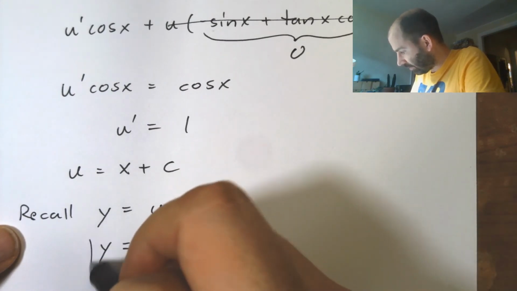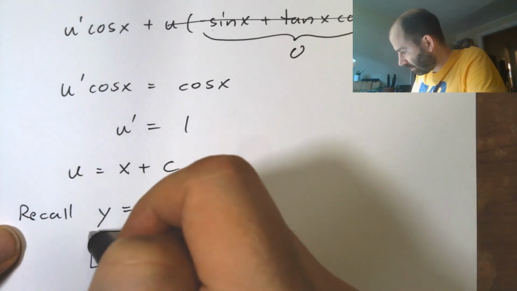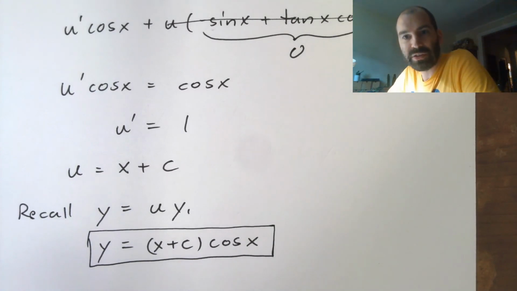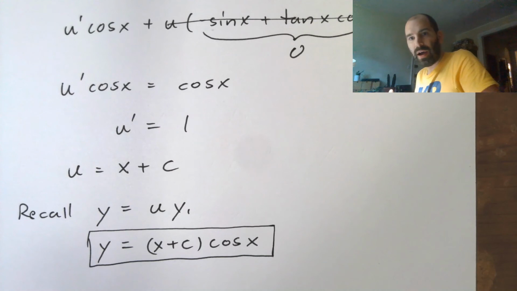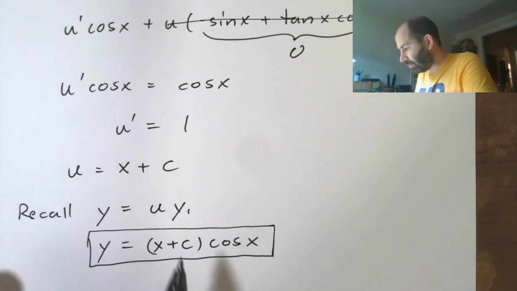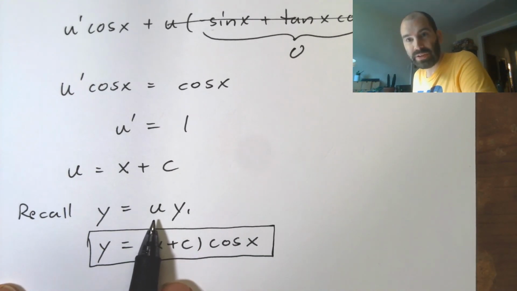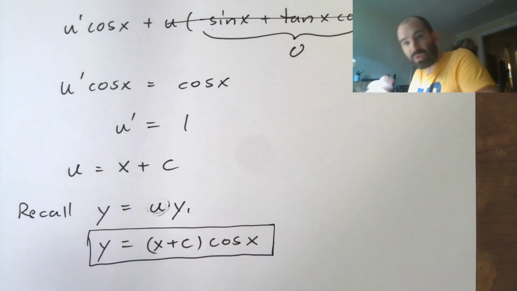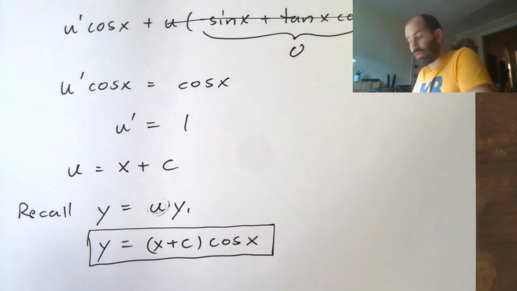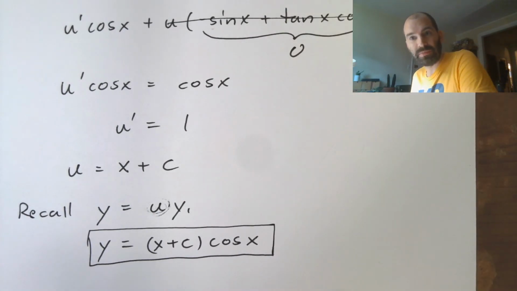And there we have our general solution. So we found the complementary solution, and then we used the method of variation of parameters, which means to multiply that complementary solution by this, plug it back into the differential equation, and we found the general solution. Okay?